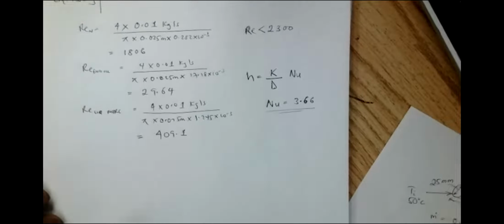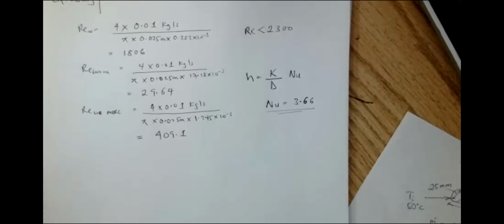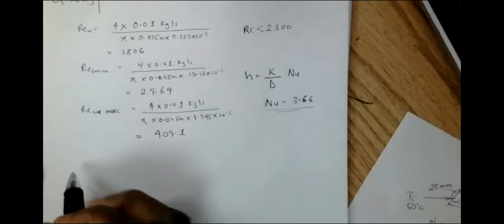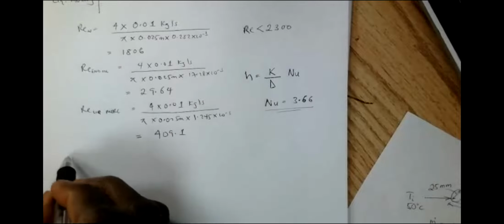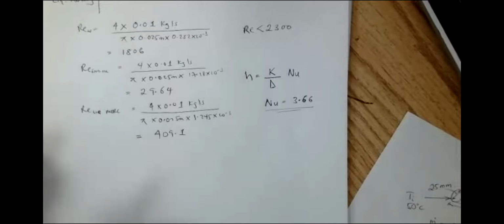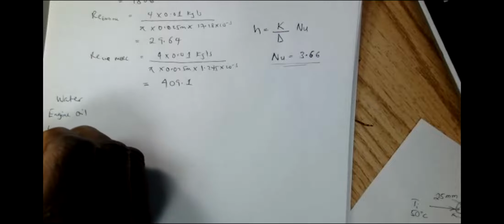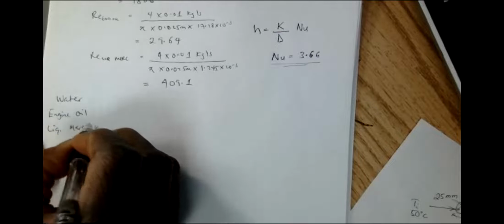Now, once again, I'm just going to go ahead and put the values that I have already computed down. So this will just be a continuation of this table. I've run out of space, so I'll just continue this table down here. So I'll say water, engine oil, and liquid mercury.